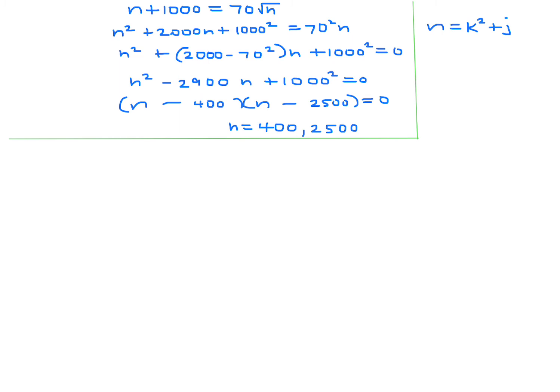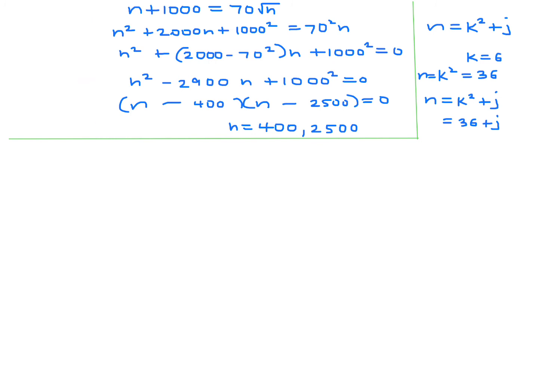That's a bit abstract, so let me explain. Let's say k is equal to 6. When n was equal to k squared, that was simple: it's 36, a perfect square. But now I'm saying it's not a perfect square. It's something plus j, so at this point it would be 36 plus j. Now 36 plus j cannot be a perfect square, otherwise we're right back to this whole scenario again.